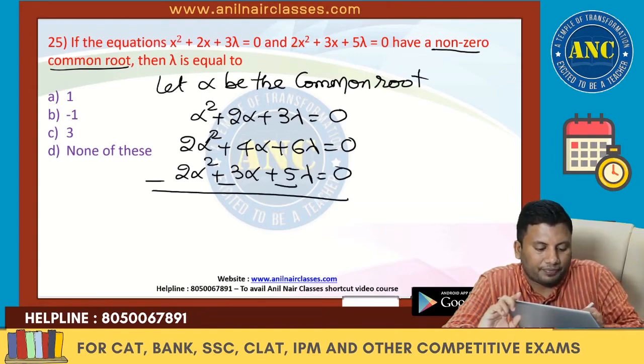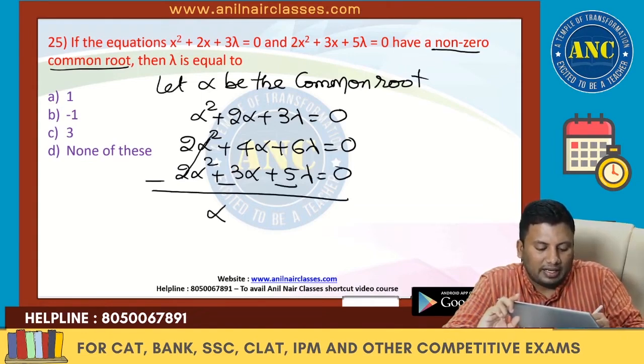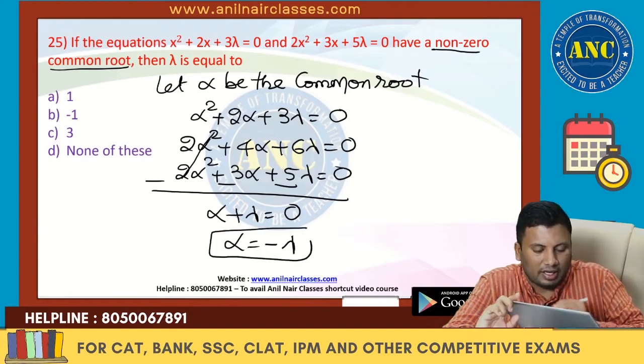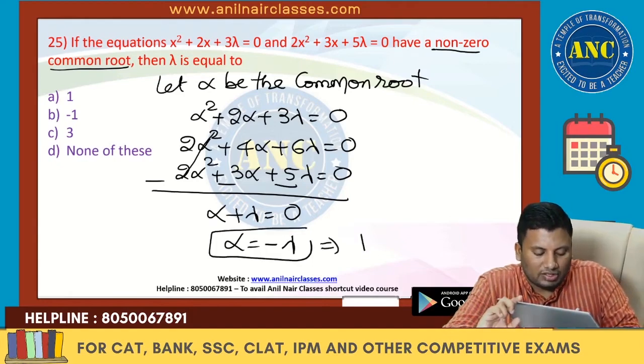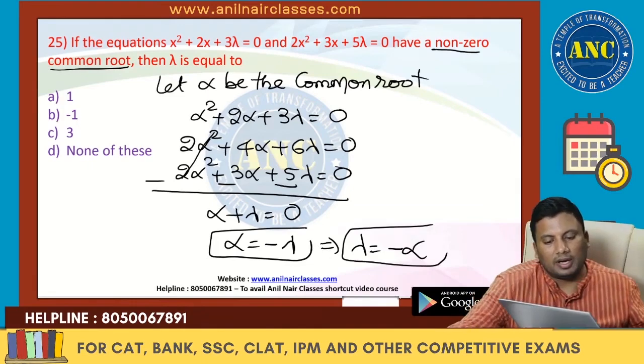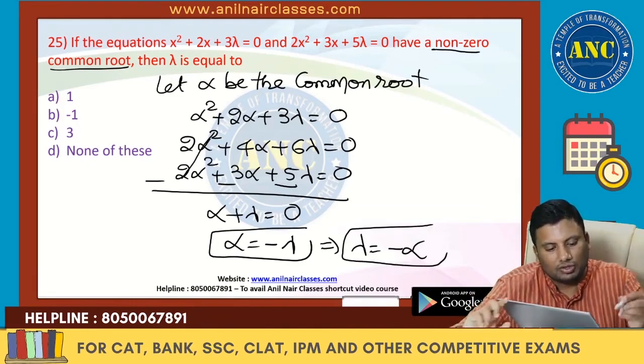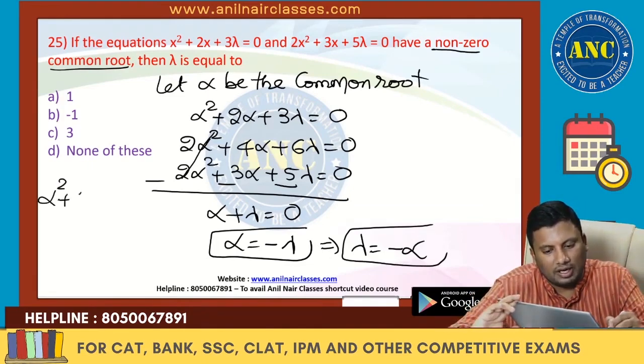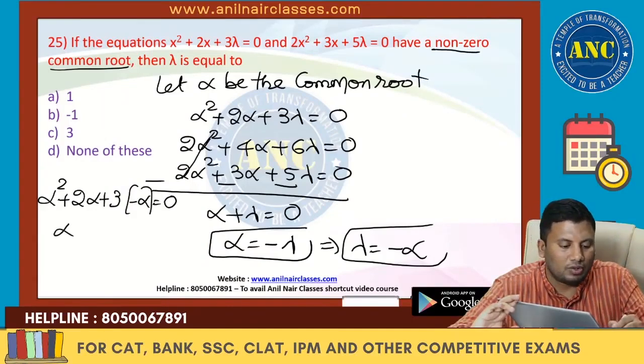Subtract it. If I subtract it, alpha plus lambda equivalent to 0, alpha equivalent to minus lambda, or lambda equivalent to minus alpha. So this will be alpha square plus 2 alpha plus 3 into lambda is minus alpha equivalent to 0.